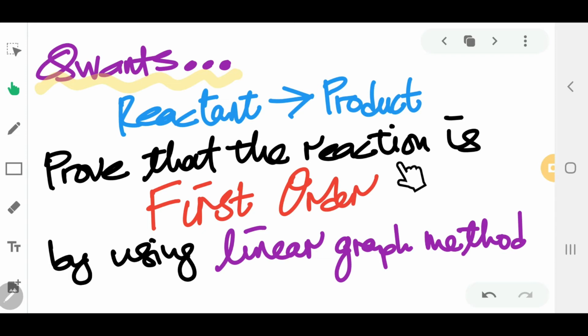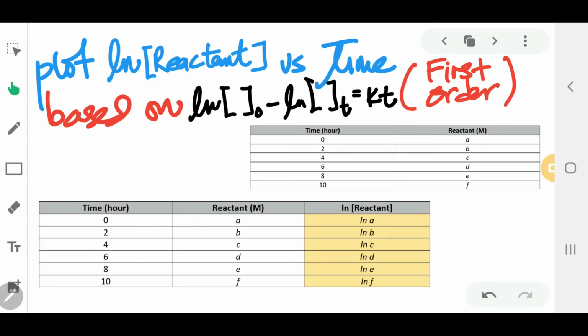Next, if the question wants you to prove that the reaction is a first order reaction by using the linear graph method, it's going to be slightly different. Now we're going to plot the ln concentration of reactant versus time, based on the integrated rate equation for first order.